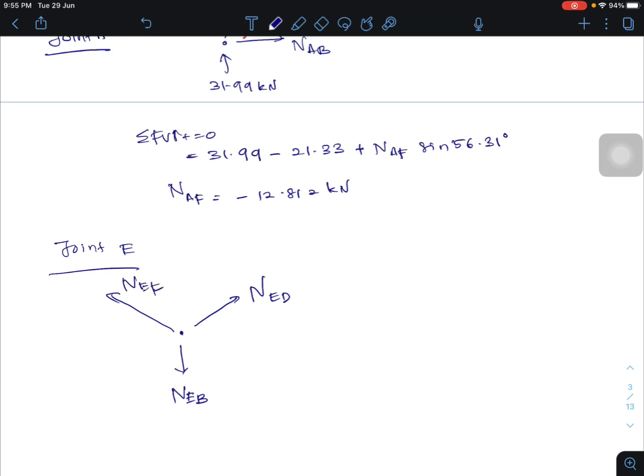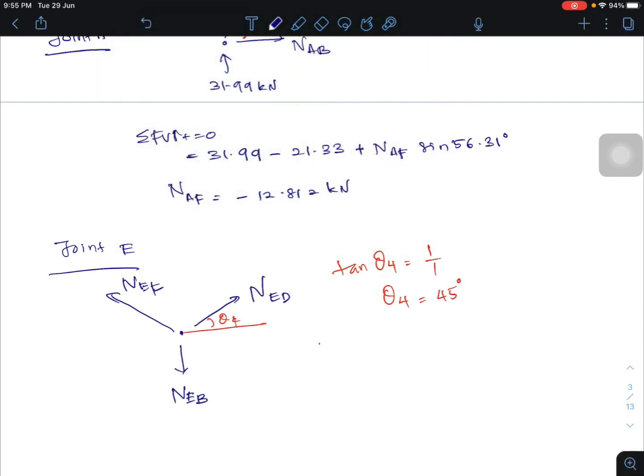Now we need to identify theta 4. In this case, theta 4 is 45 degree, or tangent theta 4 equal to 1 over 1. So theta 4 becomes 45 degree.